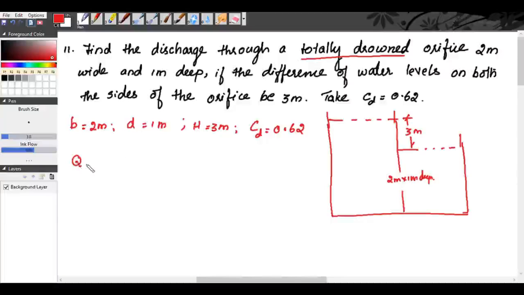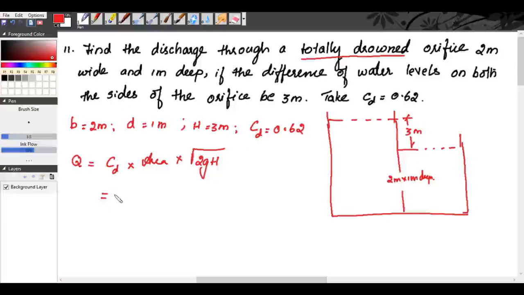We know the formula for the fully submerged orifices: CD into area of the orifice multiplied by square root of 2GH. Because other details are not given in the problem, you can take it as area of the orifice into square root of 2GH.